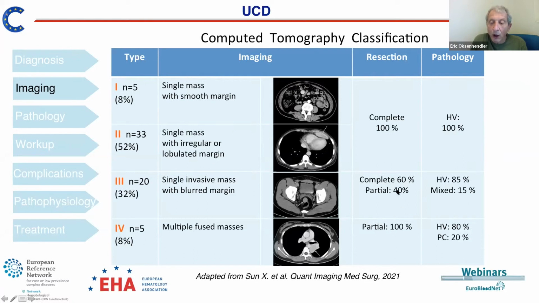So a high proportion of patients will have only a partial resection of the lesions. And interestingly, in these atypical cases, the pathology is not always of the hyaline vascular type, but sometimes, usually in less than 20%, of the plasma cell type, the plasmacytic type.